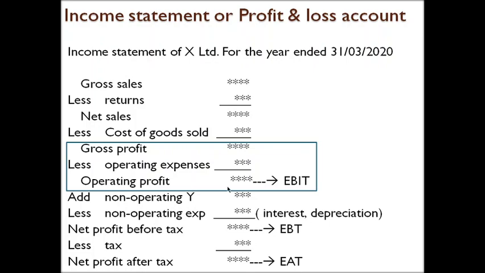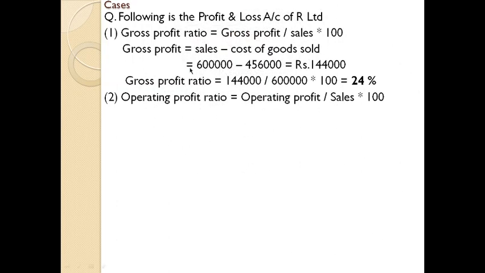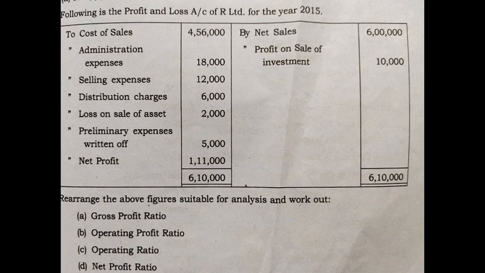And why did we select only that part? Because in this answer, we have already found the gross profit. Now we need to find only the operating expenses. And in the question, operating expenses is a combination of administration expenses, selling expenses and distribution expenses.